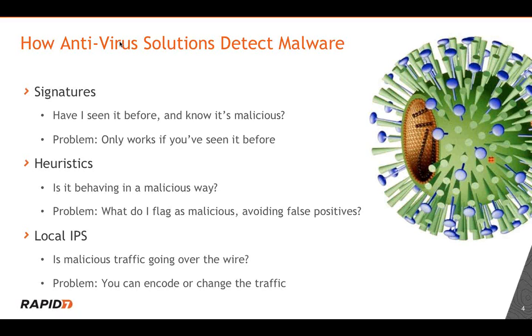What can I tell about the behavior of this executable and whether that seems malicious? The big challenge for heuristic detection, of course, is how do you make concrete determinations on what suspicious or malicious activity looks like without risking false positives that could be service impacting to your customers?